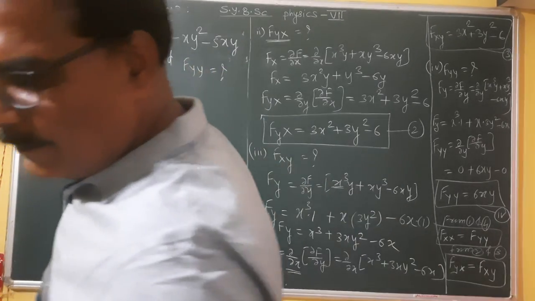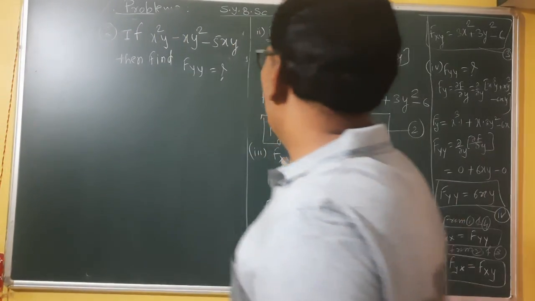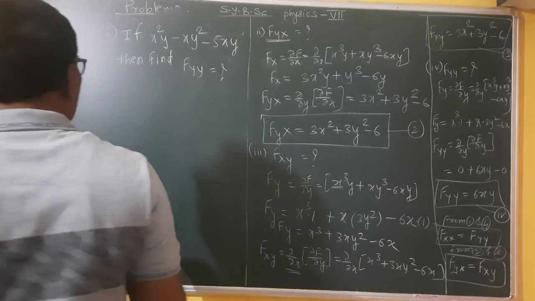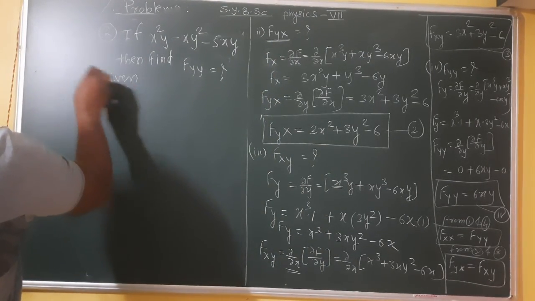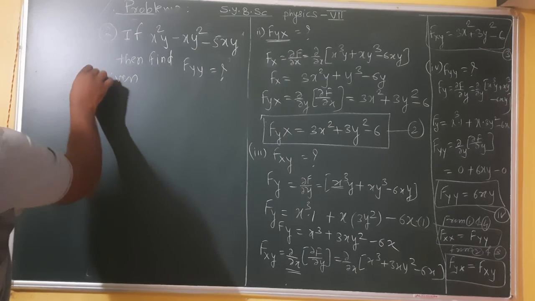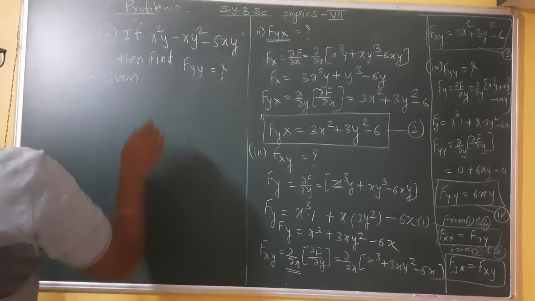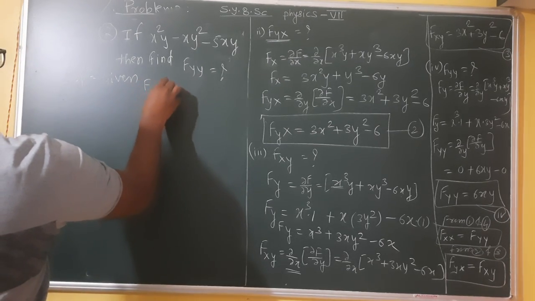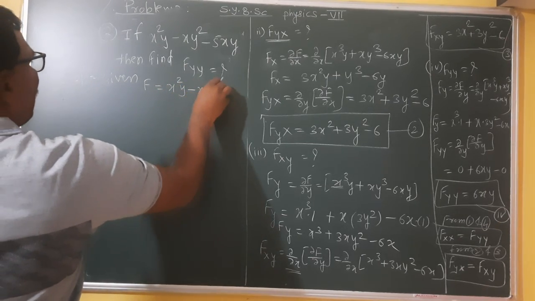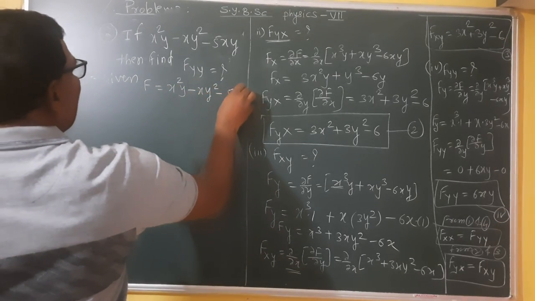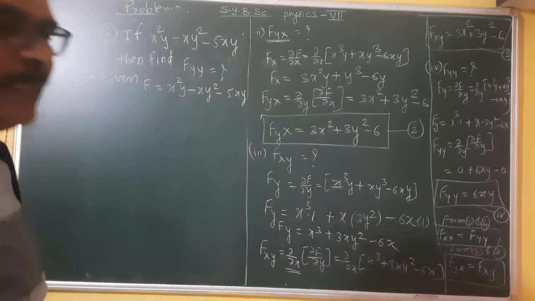It is a simple problem. How can it be found here? First of all, the solution. What is given here? f is equal to x²y − xy² − 5xy. This is the given function.